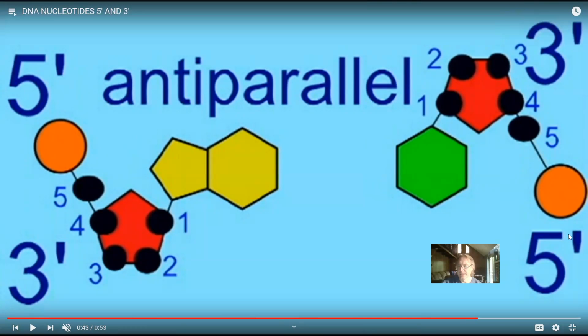So the opposite one has to run 3' to 5'. So in that double helix, the 2 strands of DNA are anti-parallel. One runs 5' to 3', the other one runs 3' to 5'.